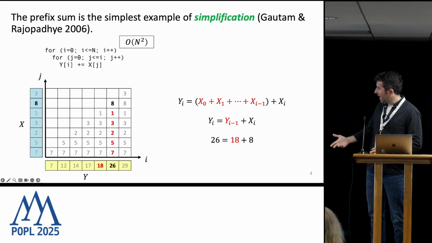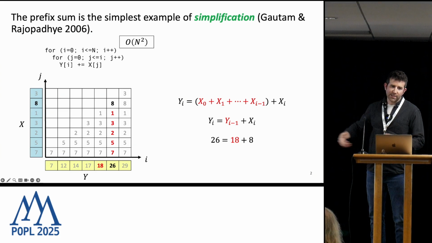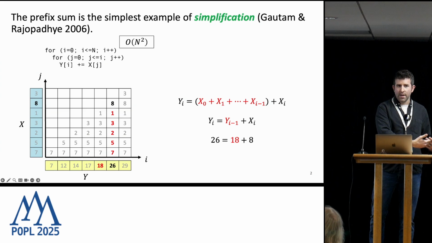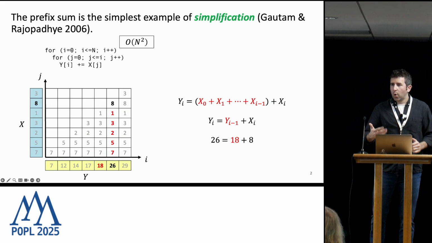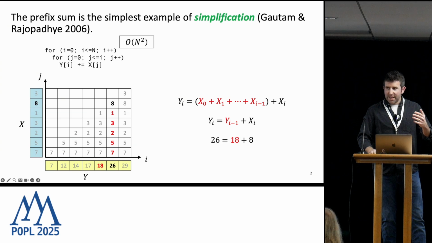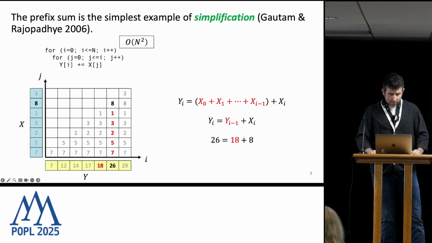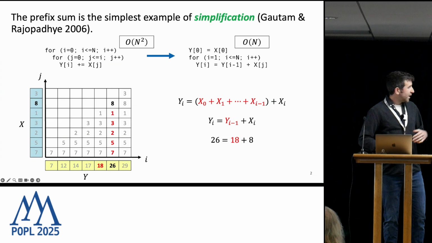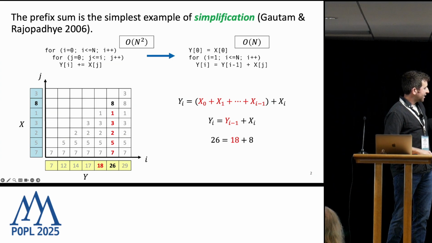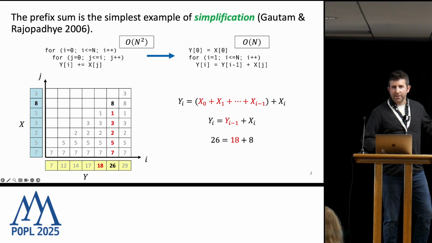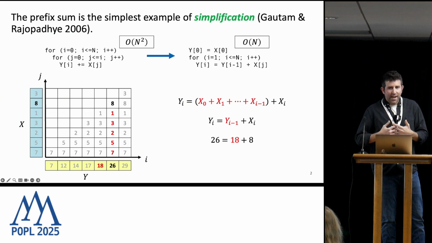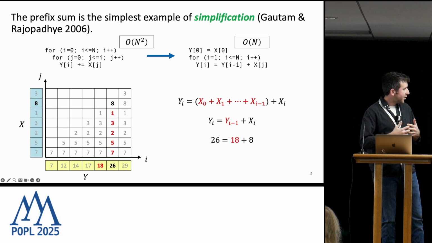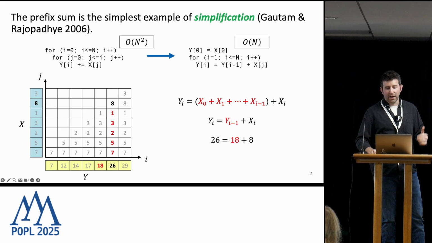We have everything we need to produce the value 26 by just taking the previously computed value and incorporating the only new, not yet seen element. This lets you re-express the same computation in a more efficient way, so we can compute the same thing in a linear time algorithm.